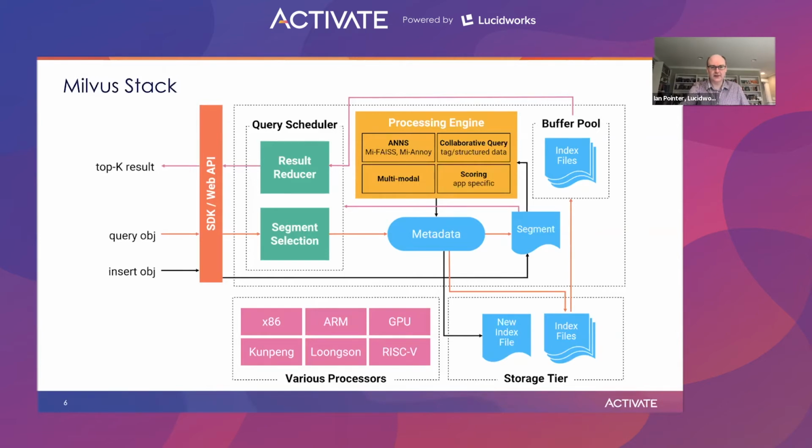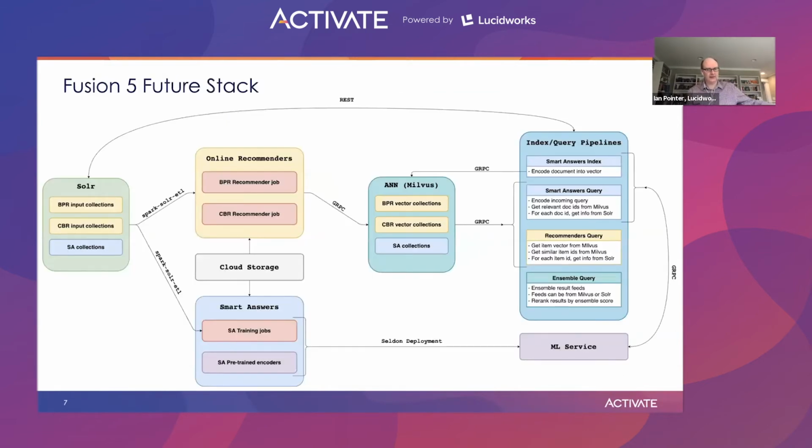Well, let's just go to the next slide and we will see the future Fusion 5 stack. So on the left, we have Solr again. You can see that Milvus has added itself into our stack roughly in the middle. Our recommenders have slightly changed now so that they can run in an online fashion.